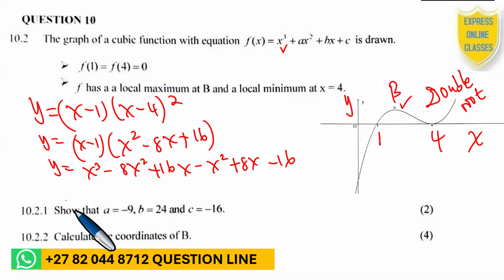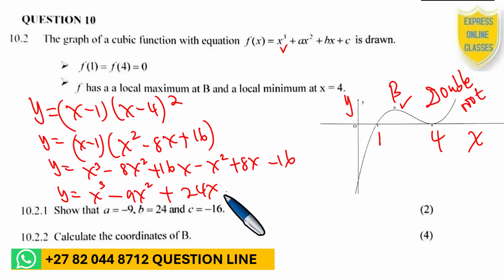So this is y equals x cubed minus 9x squared plus 24x minus 16.